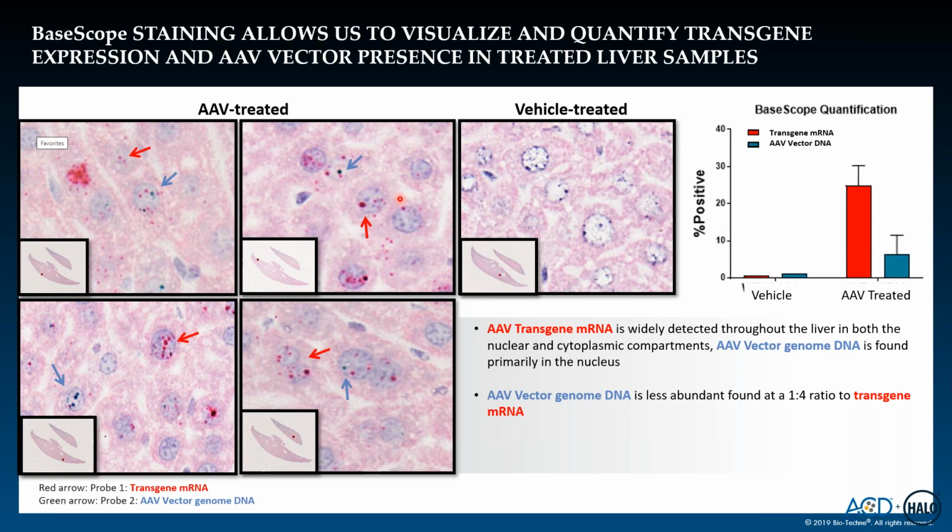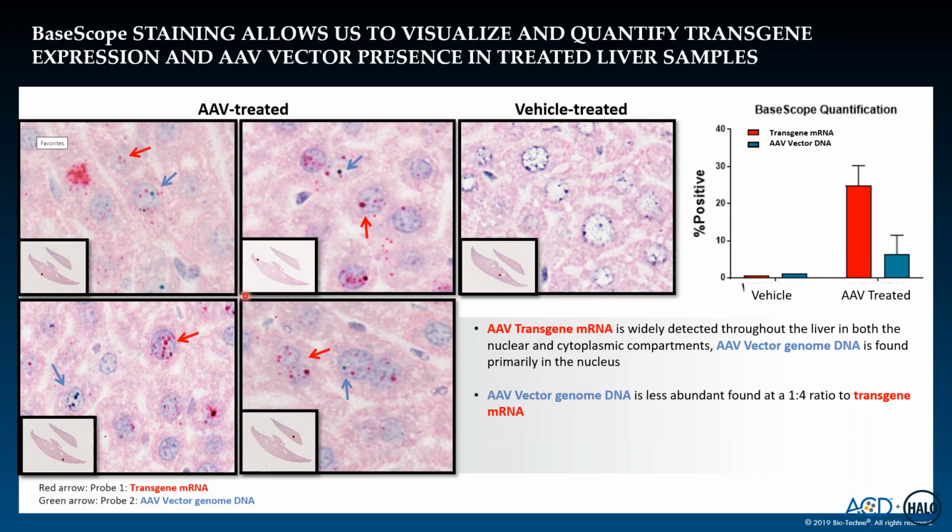So in gene therapy studies, it is important to understand how well the gene therapy has been delivered to the target tissue and the target cell of interest, and to study the expression of the transgene to understand if the vector is expressing the transgene at the intended degree. So in this particular example, we designed BASESCOPE probes against the AAV vector and the transgene, and utilized our BASESCOPE duplex assay to study the delivery of this particular therapy.